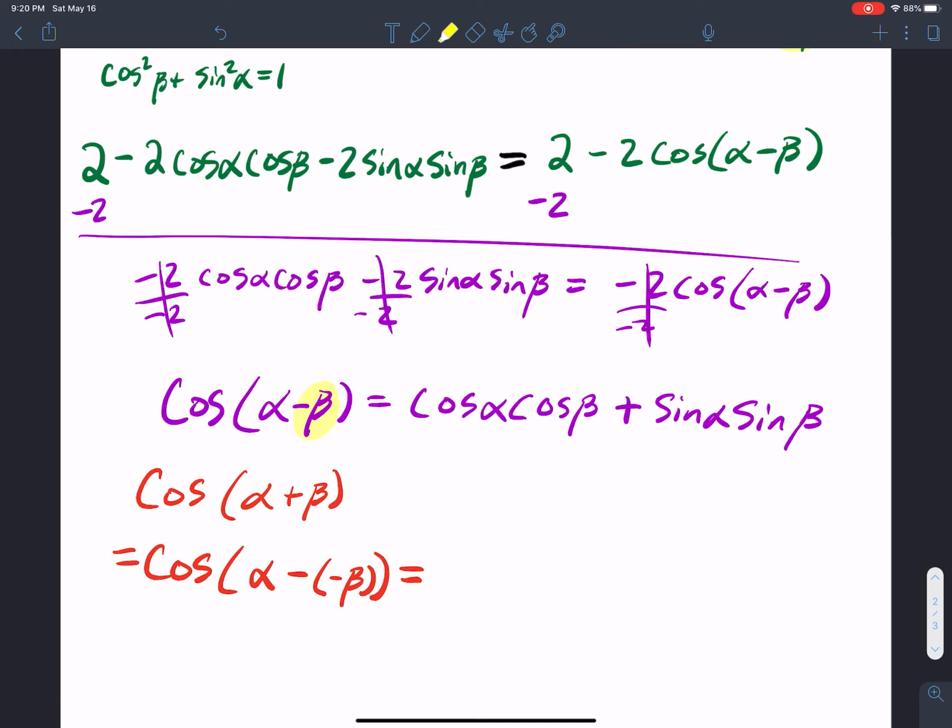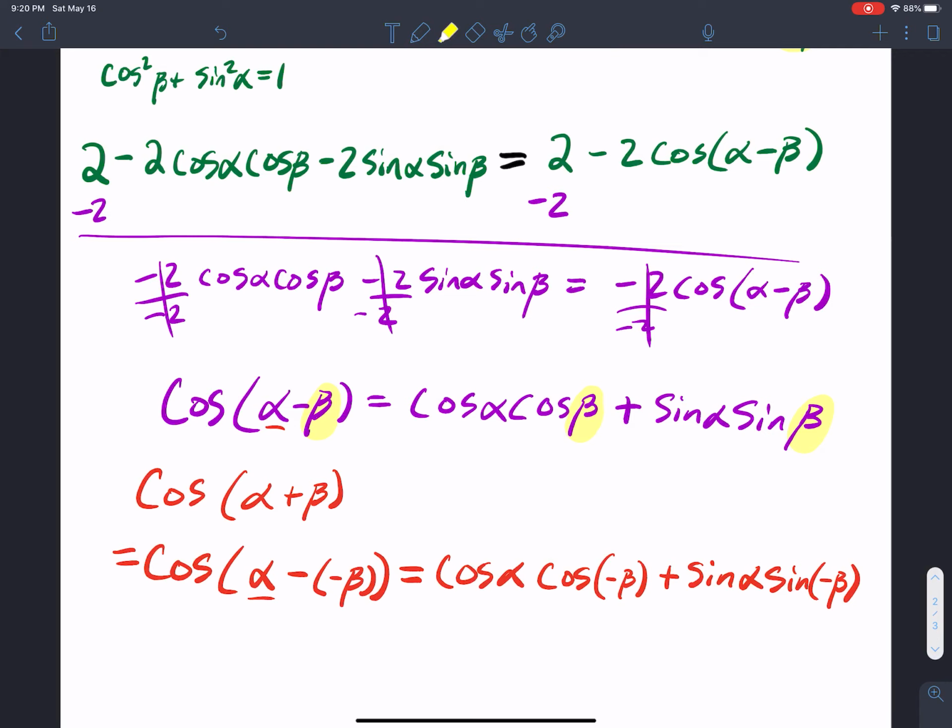This b here goes for that b there and that b there, right? So I have cosine alpha cosine, and then I put a negative beta, and then plus sine alpha. The alpha didn't change, it's still the same as that alpha up there. And then sine of negative beta.